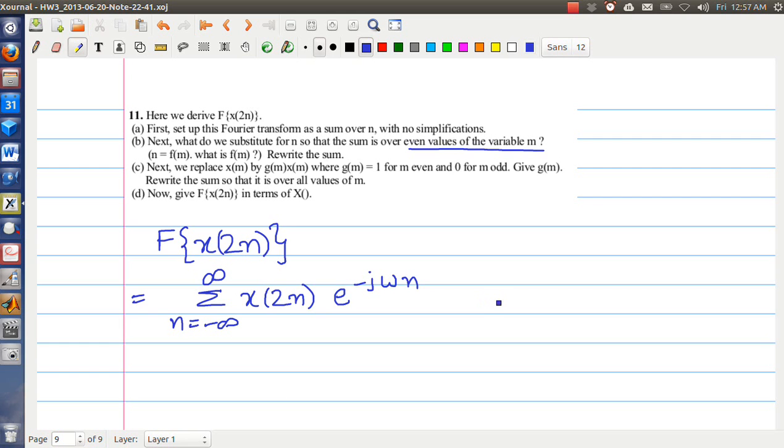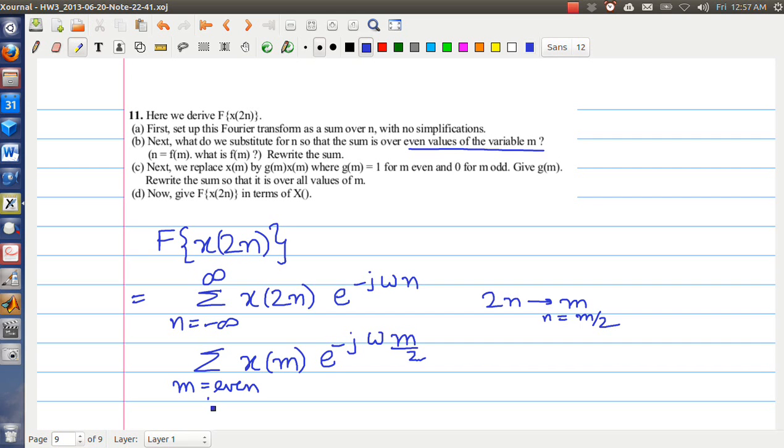So what this means is if we substitute 2n is m, then it becomes x of m e to the negative j omega n is m over 2, but the m's are only the even values.